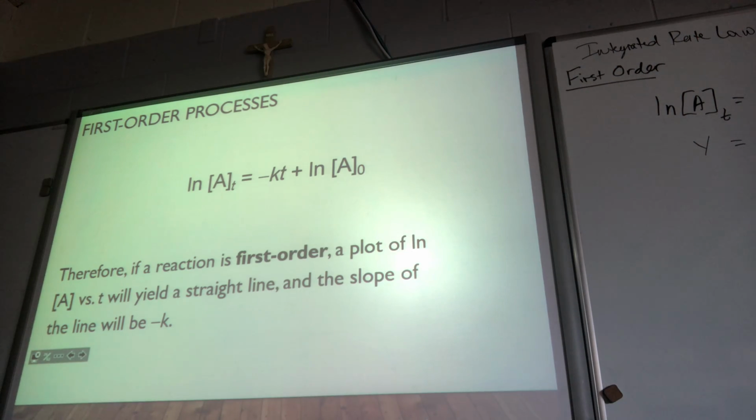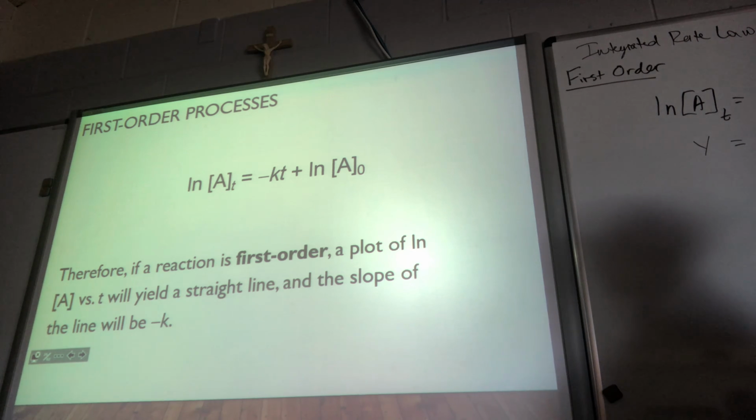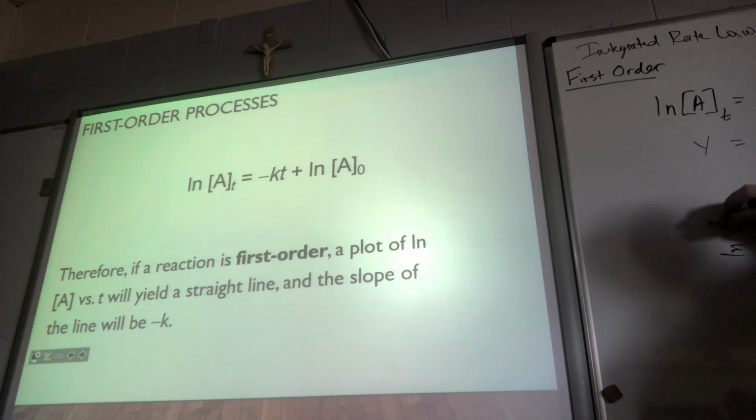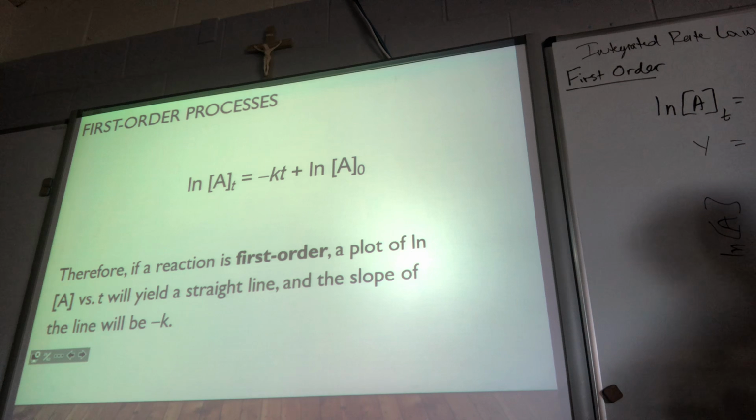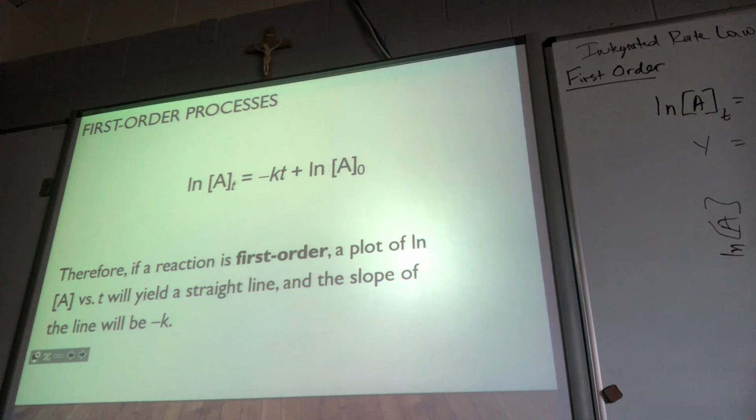From there, we are going to graph the natural log of A versus T. It's going to give us a graph. If the graph is straight, it's a negative slope. So if we take a set of data, we graph the natural log of the concentration versus the time over which the experiment takes place.